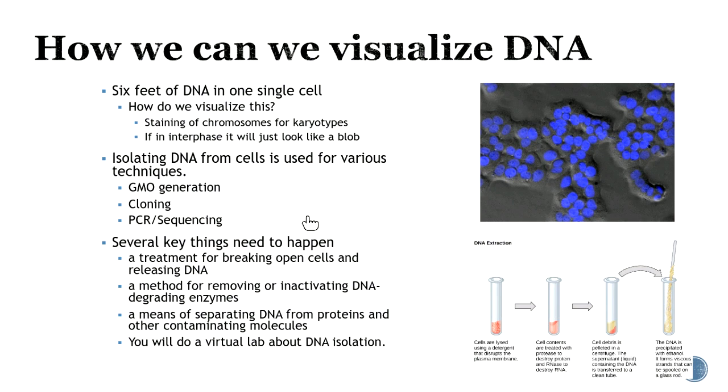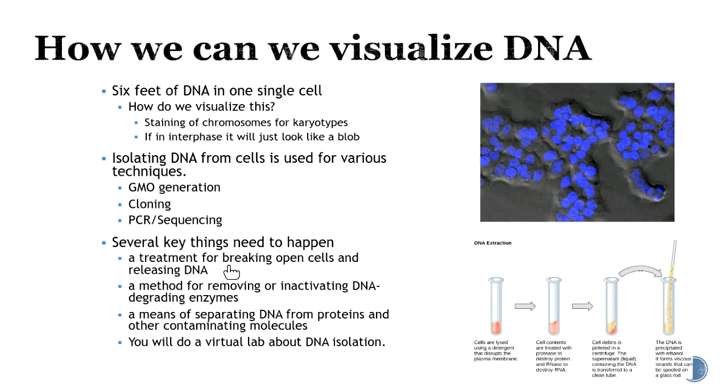Now, whenever we do this, we have to do several things. First off, we have to get the DNA out of the cell, so we have to break open the cells. Another term is lyse the cells. We tear up that plasma membrane and get all the contents released, and we pretty much wind up with cell soup.